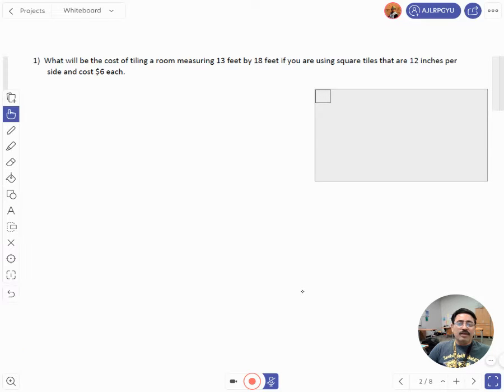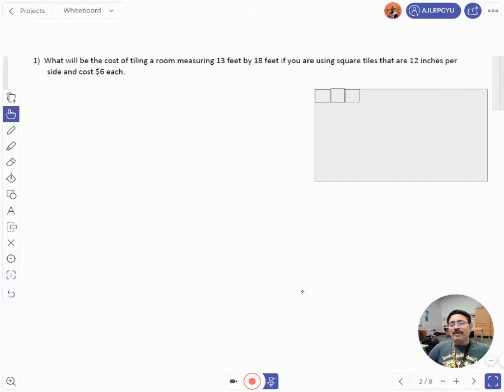So, let me try to draw a good diagram. Say that this room is having these kind of tiles. I don't know how to duplicate, so I may have to draw manually again and again.